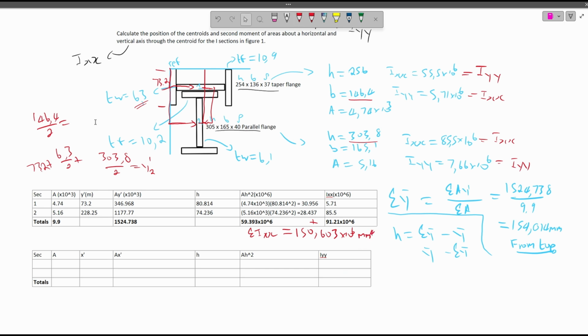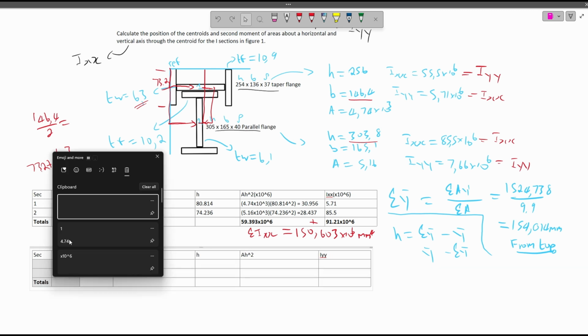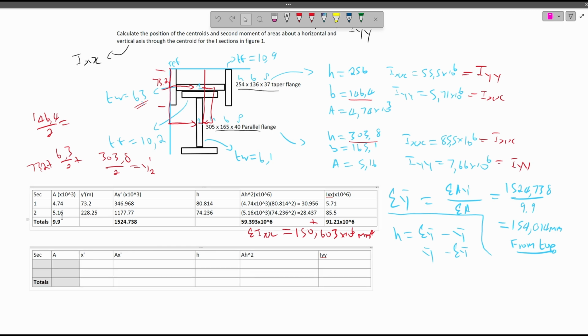We're going to do the same thing for our horizontal second moment of area. This one, just copy. The areas are still the same. Shape 2 and section 1.